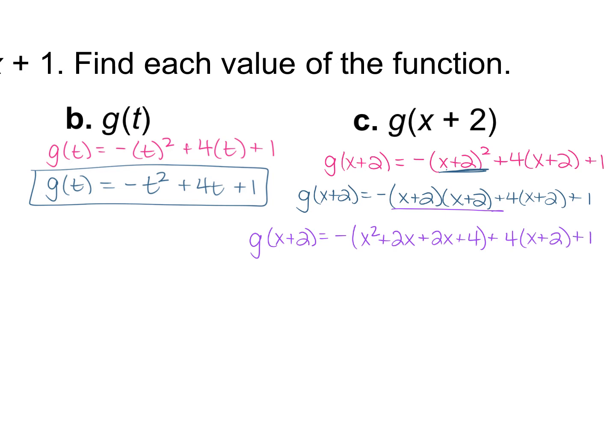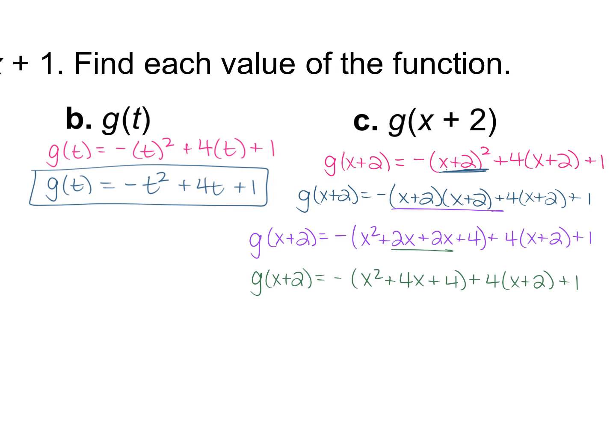From here, combine your like terms within that polynomial, or that 4-termed polynomial in the parentheses, and that's going to give you g of x plus 2 is equal to the opposite of x squared plus 4x plus 4 times x plus 2 plus 1.